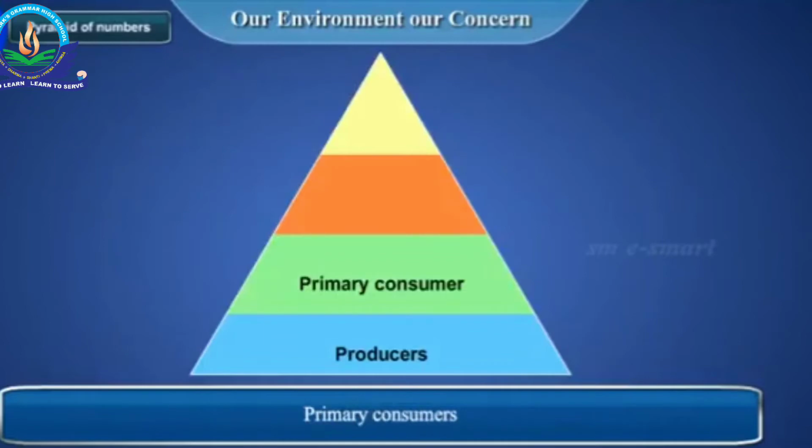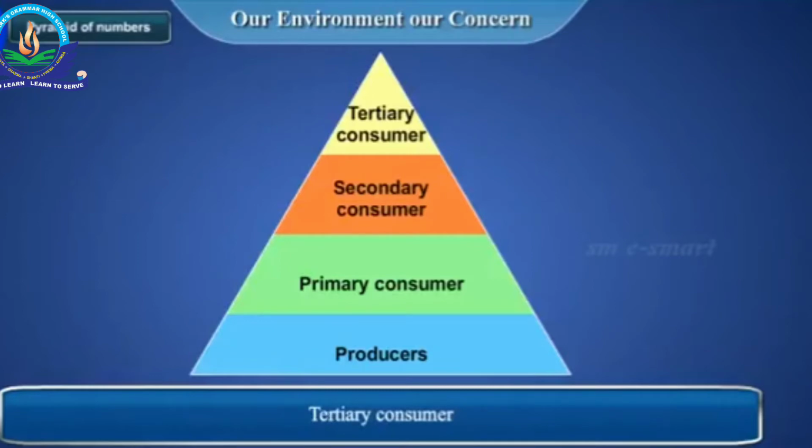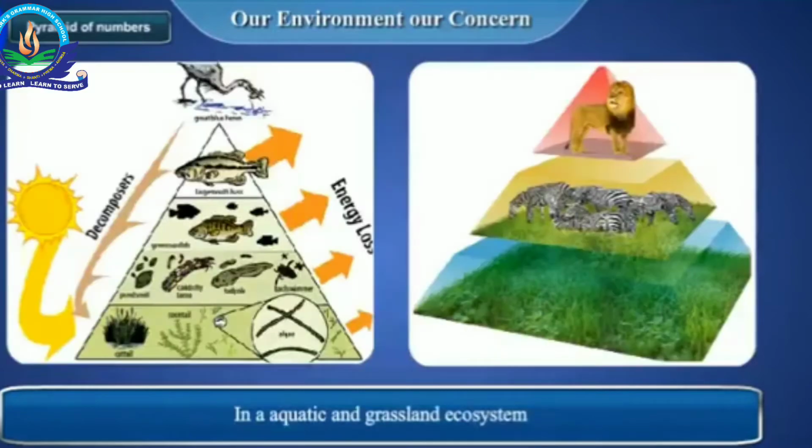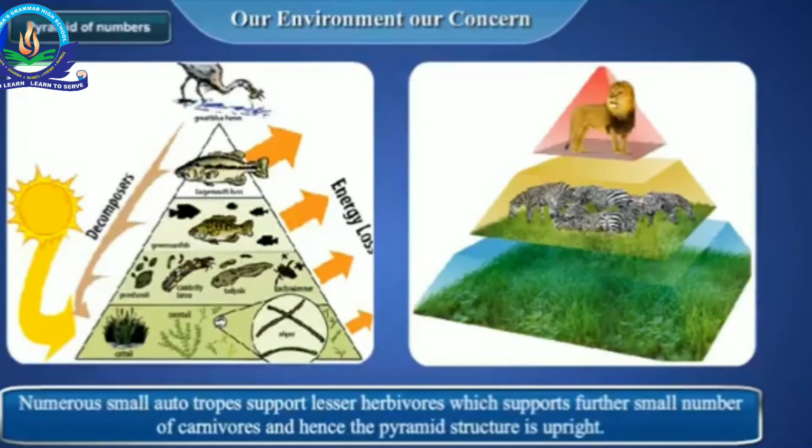Producers, primary consumers, secondary consumers, tertiary consumers. In aquatic and grassland ecosystems, numerous small autotrophs support lesser herbivores, which support further small numbers of carnivores, and hence the pyramid structure is upright.